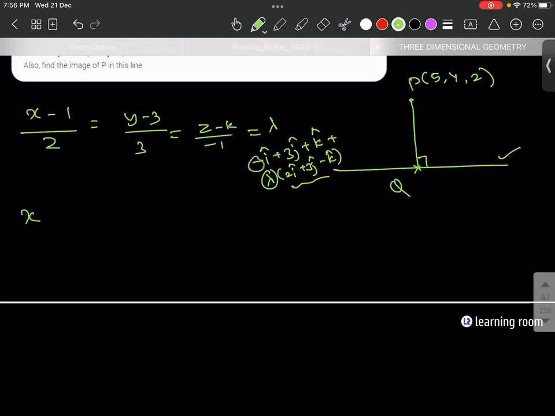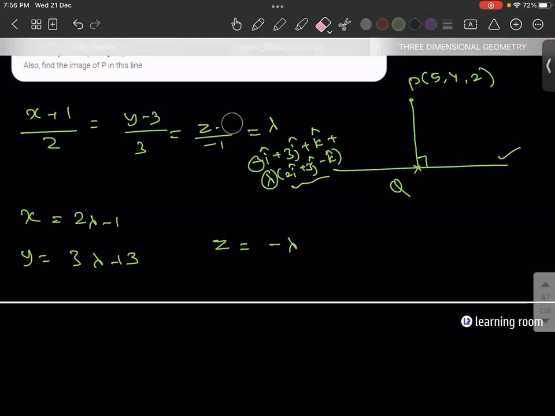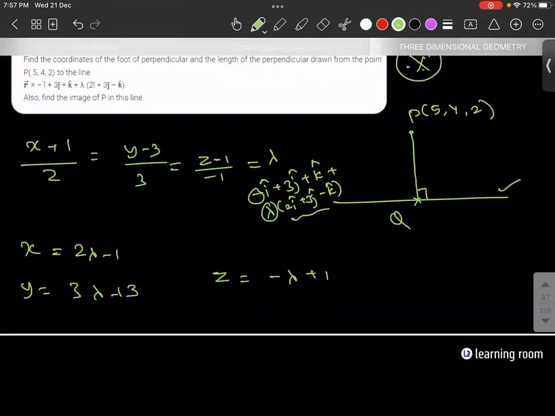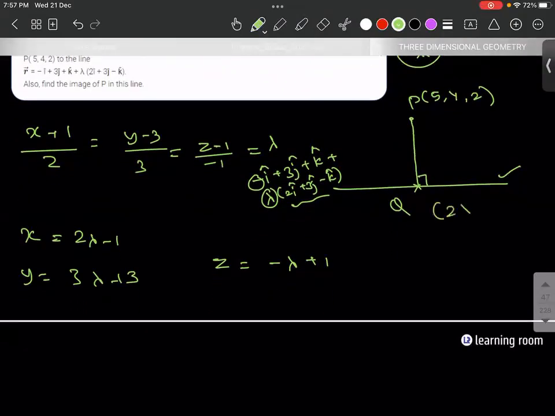One minute. Here you have minus 1, here it should be plus. So x will be 2 lambda minus 1. Y will be 3 lambda plus 3. And z will be minus lambda plus 1. Right? So this point will be 2 lambda minus 1, 3 lambda plus 3, and minus lambda plus 1.